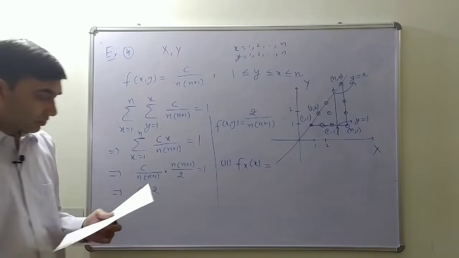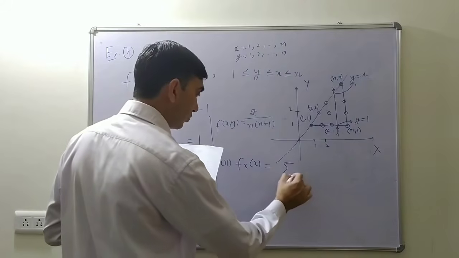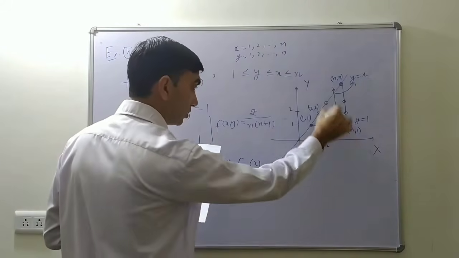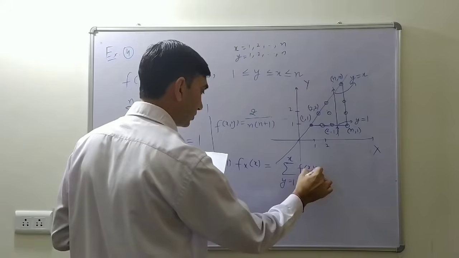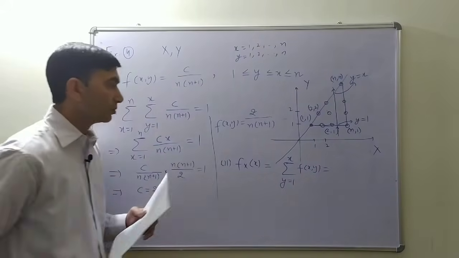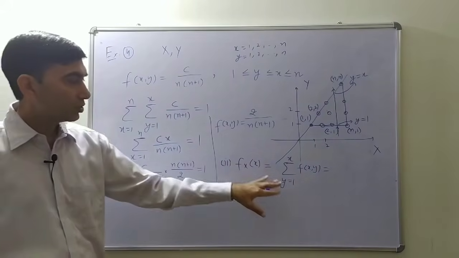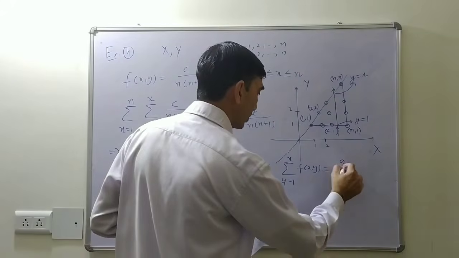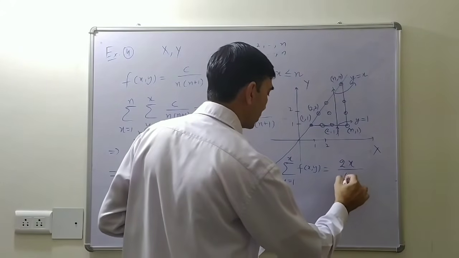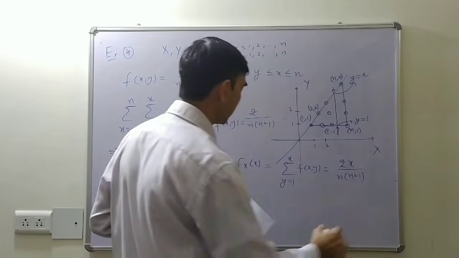What is the marginal density of x by definition? Sum over all y, and y varies from 1 to x, of fxy. This is your fxy. You sum over y. What do you get? You get 2x over n into n plus 1.